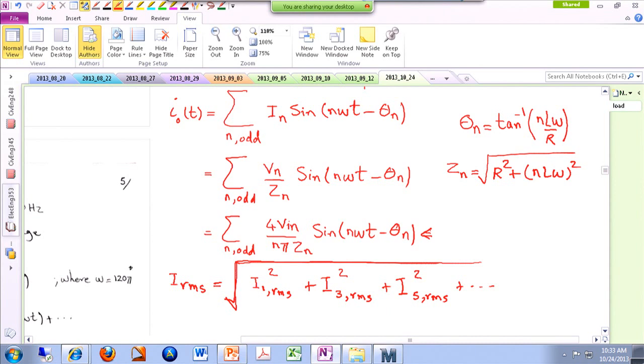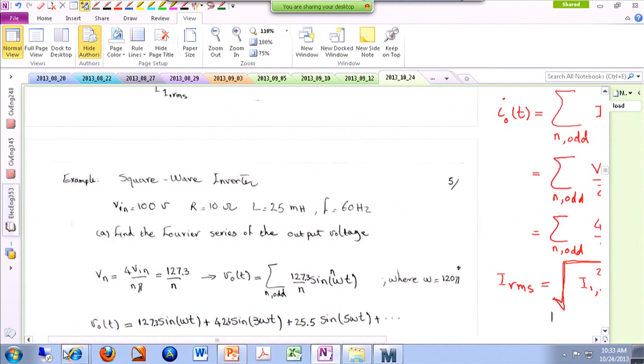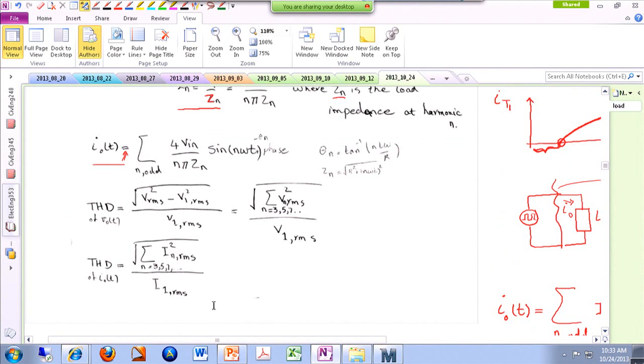Or, for instance, you can look at the total harmonic distortion, those kind of things, in your output voltage or in your output current. I have two expressions over here for total harmonic distortion. It's based on the very original definition of the total harmonic distortion in the output voltage and also the total harmonic distortion in the output current.